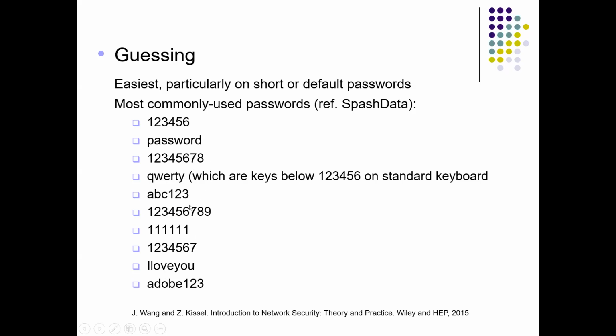Maybe you have 1 million usernames, and maybe 0.1% of users use these common passwords. Then of course you can get into a lot of users' accounts. So this is a guessing attack.